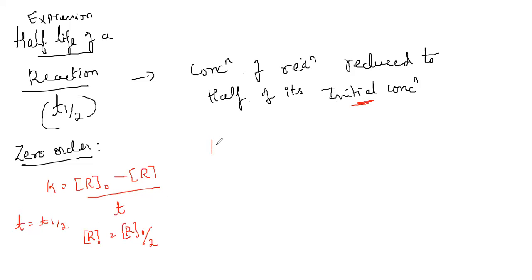Therefore k is equal to (R naught minus R naught by 2) divided by t half.